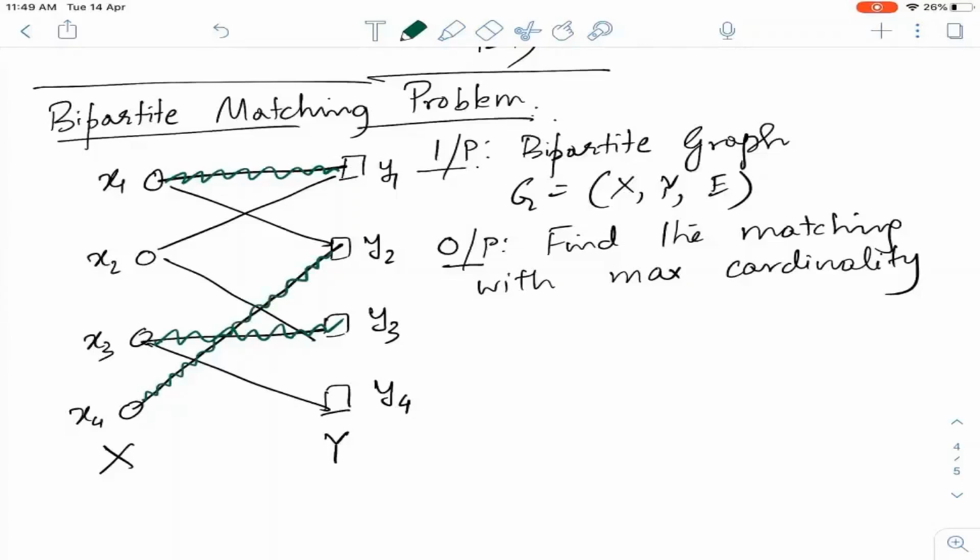Is this the maximum matching in this graph? Probably, right? Actually, no. This is okay. Good. Is this the maximum matching in this graph? No. Good. So which is the maximum matching in this graph? X3, Y3 is already part of the matching.